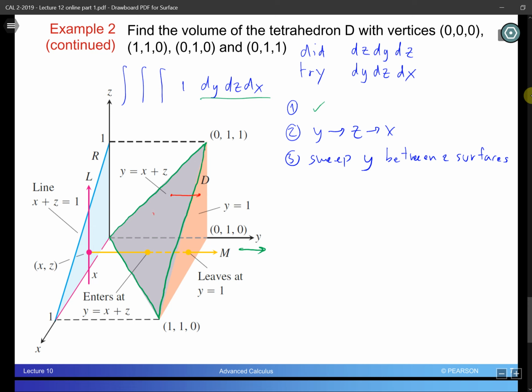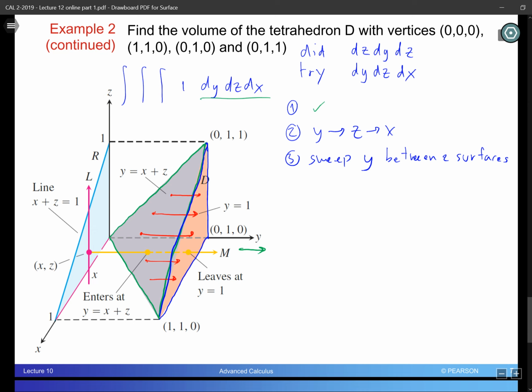So the right hand plane is going to be this orange area. Imagine going in the y direction, horizontally here. It's going to move from this gray plane to the orange plane.